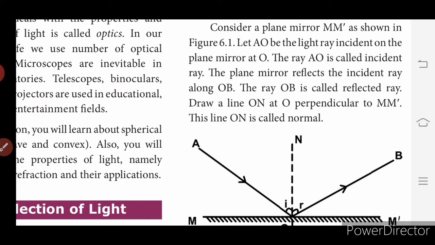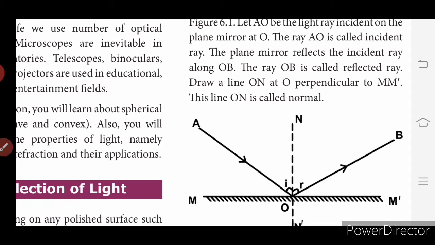Let AO be the light ray incident on the plane mirror at O. So see the diagram here, you have O here. AO is the incident ray, which falls on M and M dash, that is the mirror.